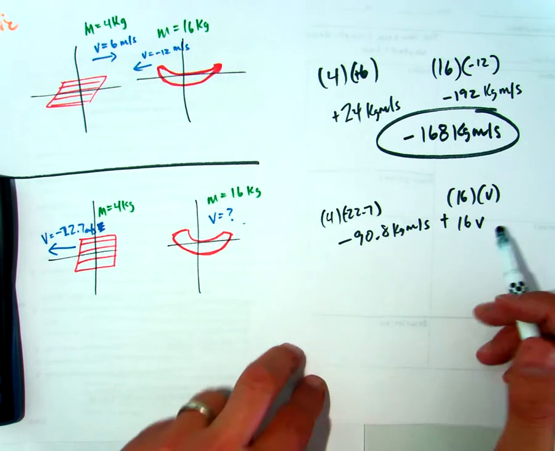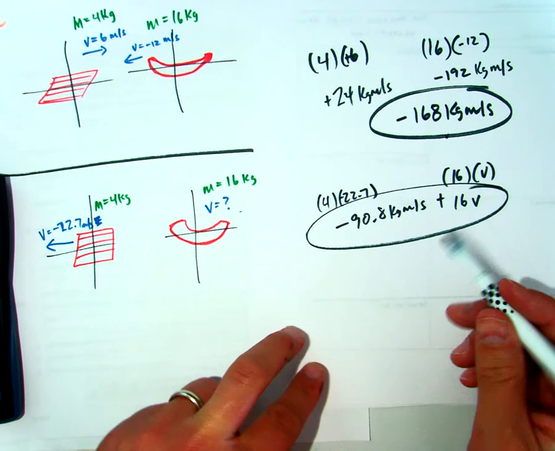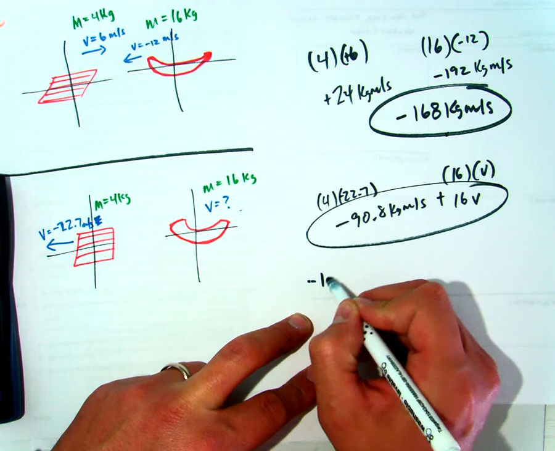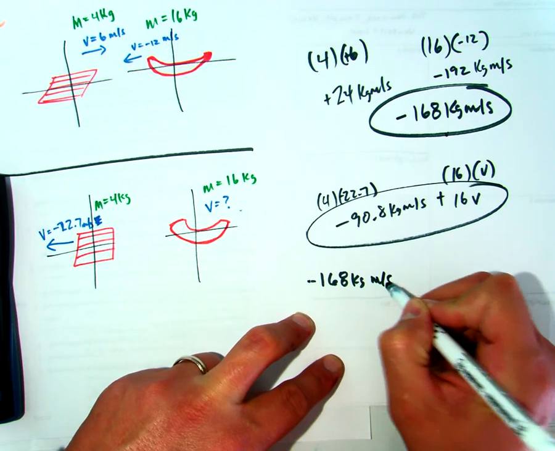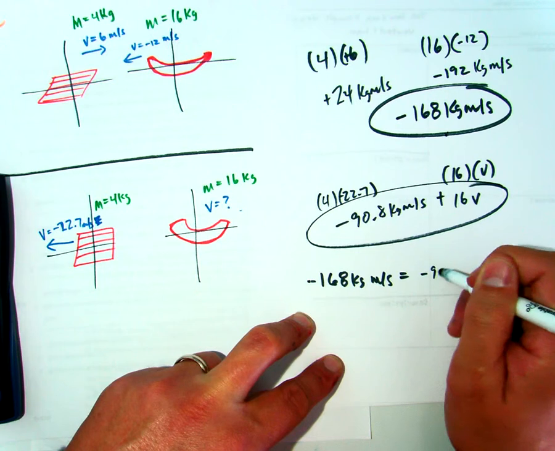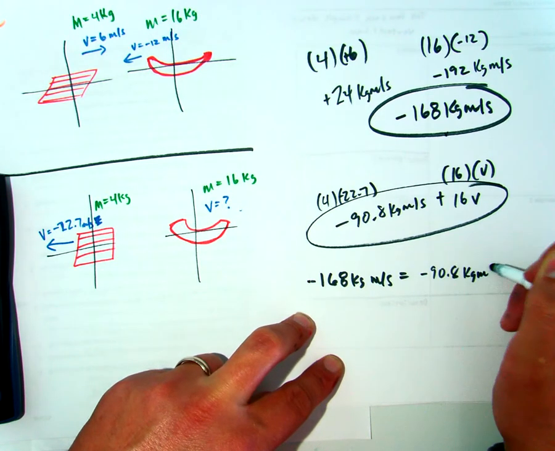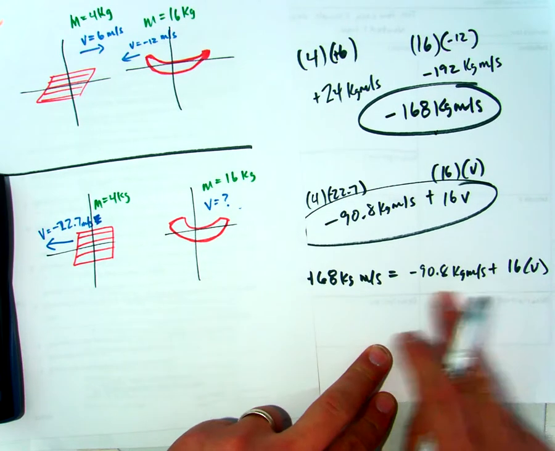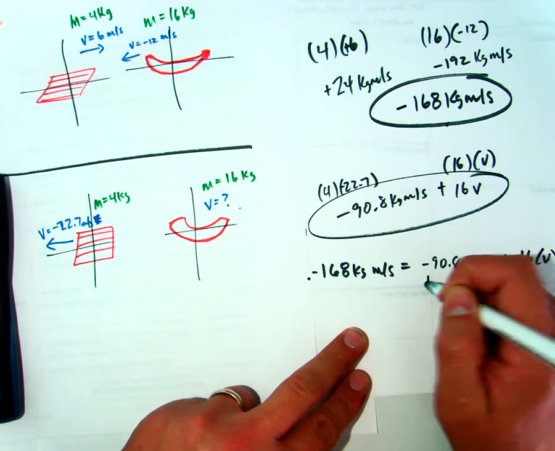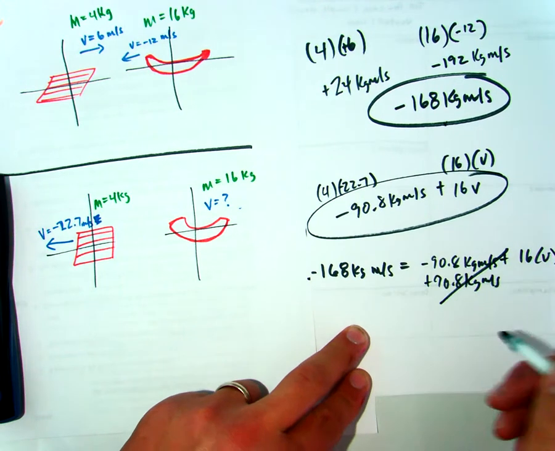So I know that this has to be equal to this, what we saw for earlier. So I can go ahead and write an equation that shows that. Negative 168 kilogram meters per second is equal to negative 90.8 kilogram meters per second plus 16 times some velocity. So the first step into this is to add 90.8 kilogram meters per second. Gets rid of that.